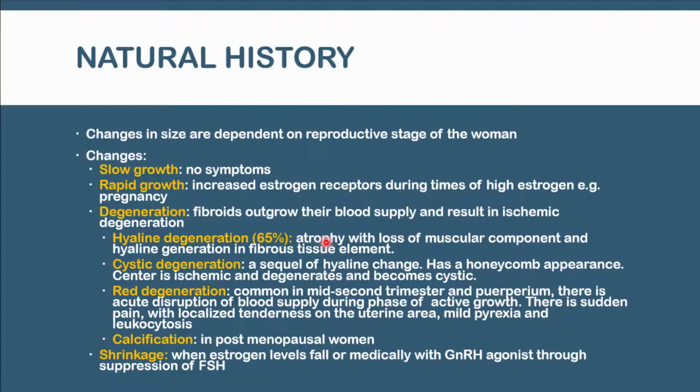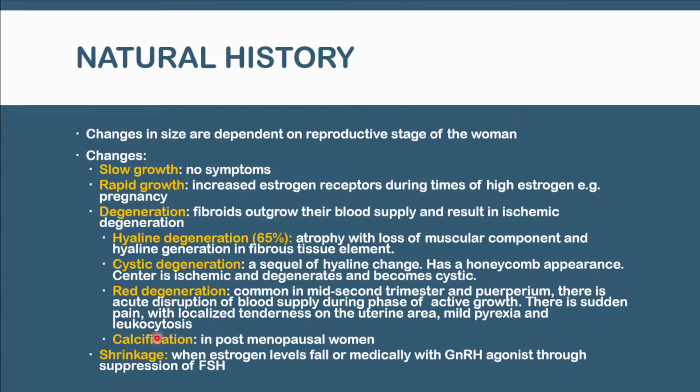So you have localized tenderness over the uterus. You may have fever. Sometimes you may even have an increase in white blood cell count, which is known as leukocytosis. Then the fibroid is said to undergo red degeneration. This is very common in pregnancy. How we manage this, we usually just advise the patients bed rest, and we can give them some narcotics to help with the pain.